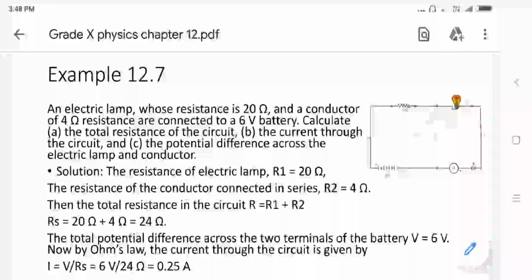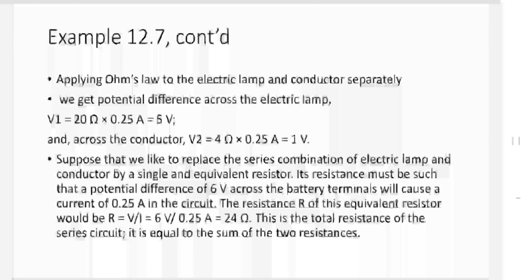Now the third point is the potential difference across the electric lamp and conductor. So now we need to determine the voltage drop across each resistor, that would be V1 and V2. Let us calculate it. Here again we are going to apply Ohm's law, V equals IR. So the voltage drop across the lamp, I is the same in series, so I is 0.25 ampere which we calculated in the second point, and the resistance of the lamp is 20 ohm.